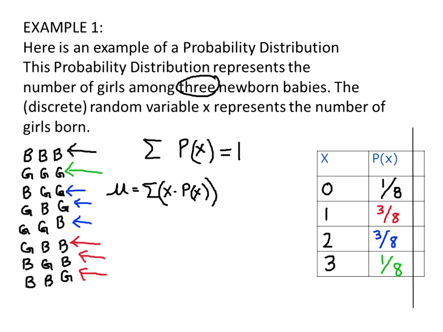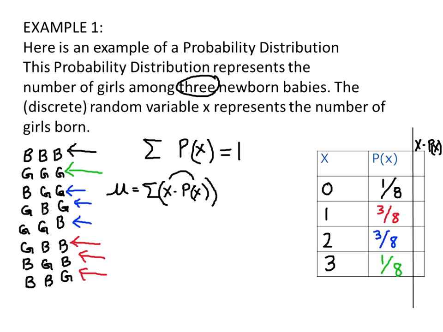So you can call this x times p of x, and just multiply across, because that's what the formula tells us to do.